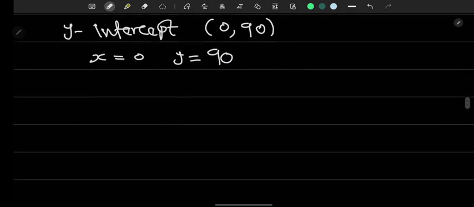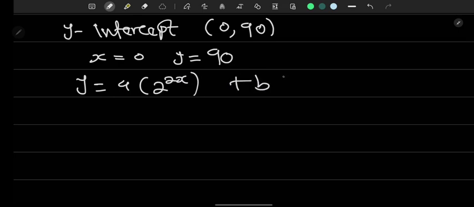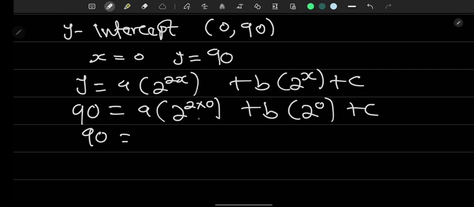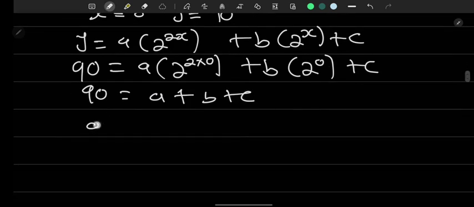When you make the substitution in the given equation, y equals a(2^(2x)) plus b(2^x) plus c, you have 90 equals a(2^(2 times 0)) plus b(2^0) plus c. 2 times 0 is 0, and 2 raised to the power of 0 is 1. So this is a plus b plus c, and from here we have a plus b plus c equals 90.